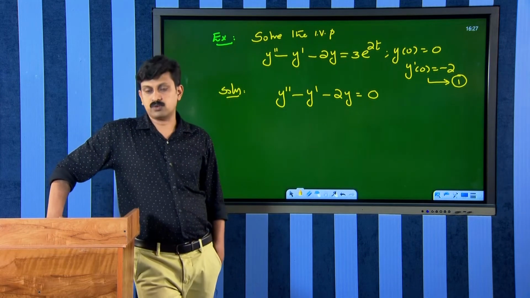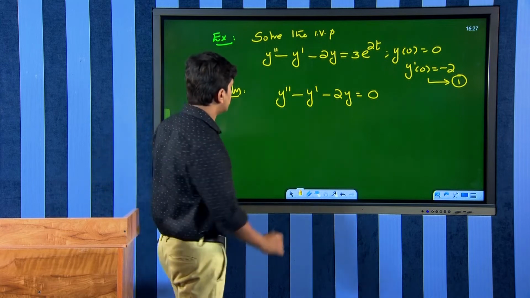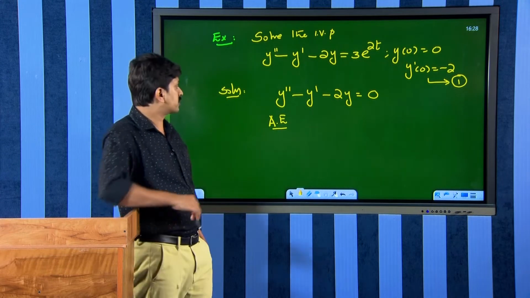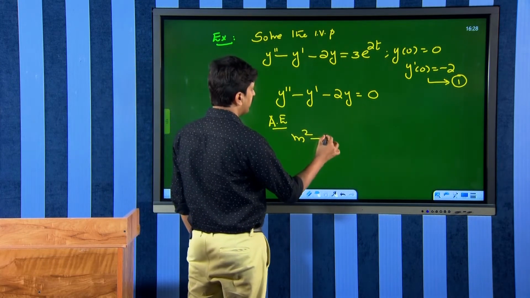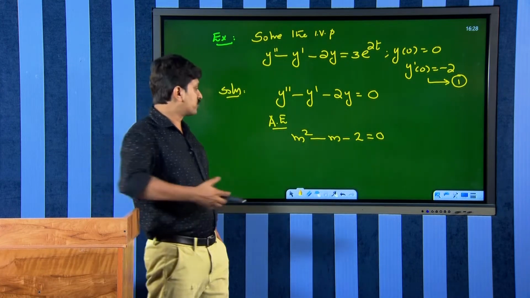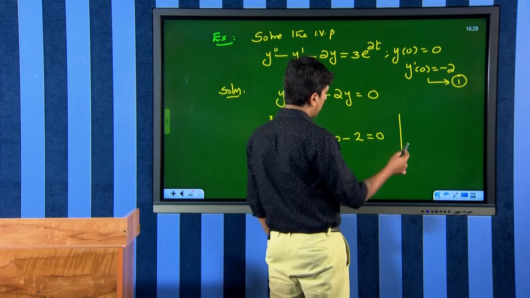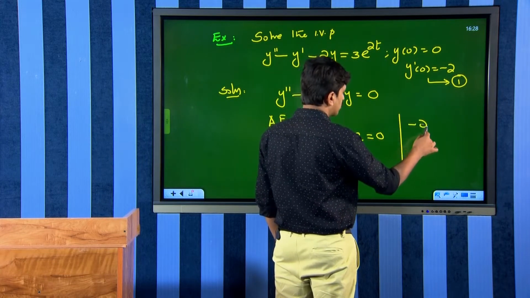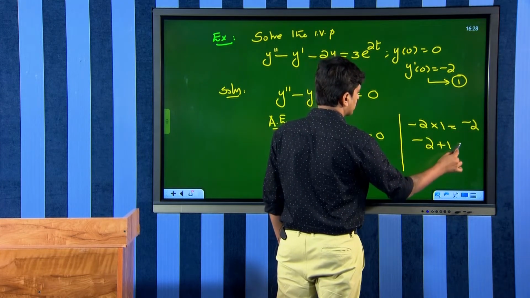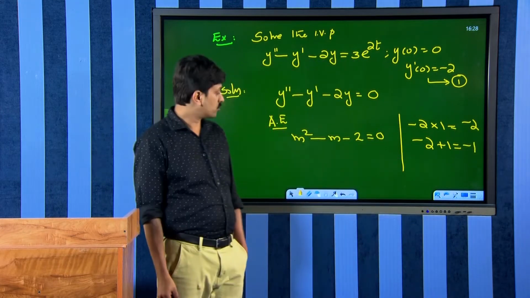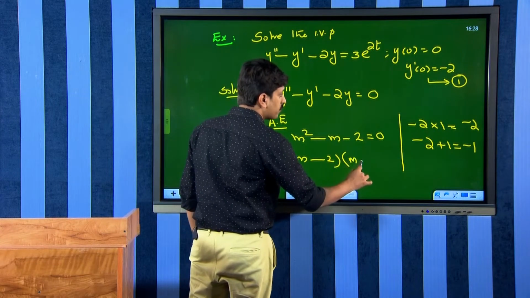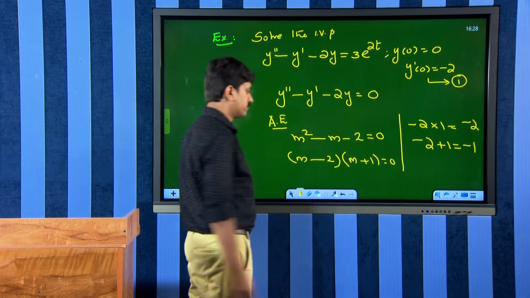So, dear students, we will have the auxiliary or characteristic equation as m square minus m minus 2 is equal to 0. We have 1 into minus 2 is minus 2, and minus 2 plus 1 is minus 1. So, we can write this as m minus 2 into m plus 1 equal to 0.